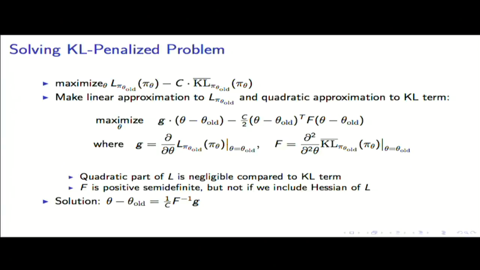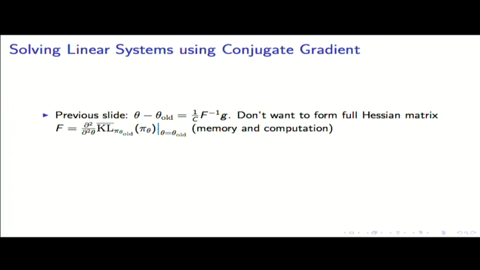The solution you get is by setting the derivative to 0 and solving, and you get theta minus theta old is just 1 over this constant times F inverse G. So this is just a usual Newton step. So our policy update should be of the form constant times F inverse G.